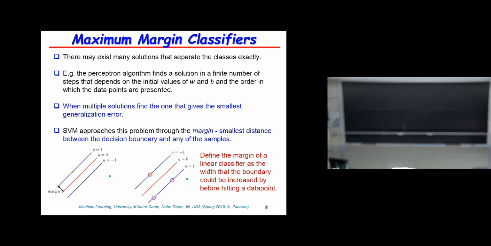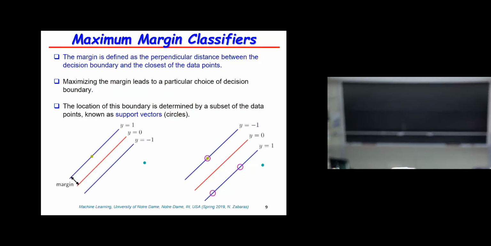Okay? Now these points that you see here are basically the points that you need to be able to calculate the separating hyperplane to do classification. All the rest of the points that you don't see with circles, you don't really need them anymore.